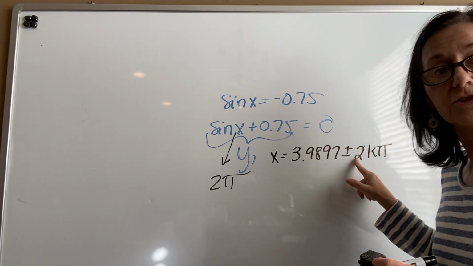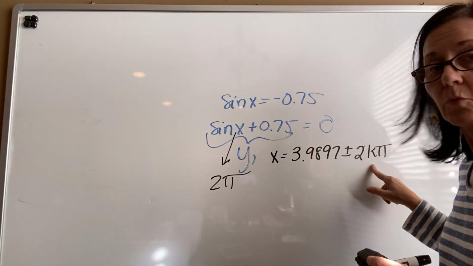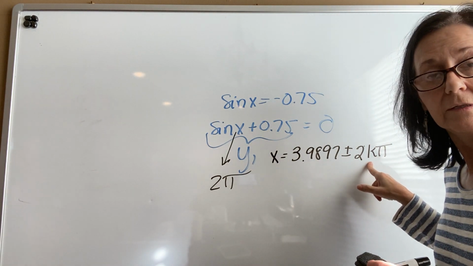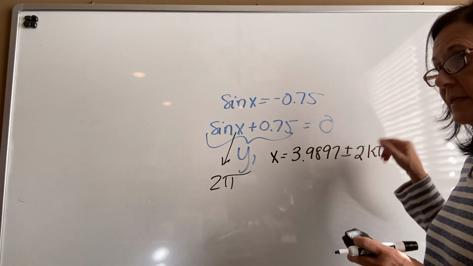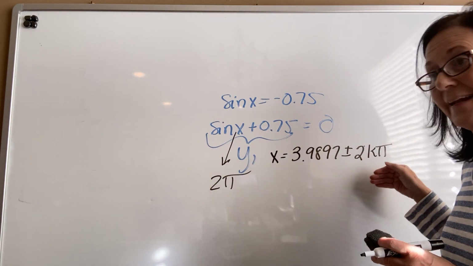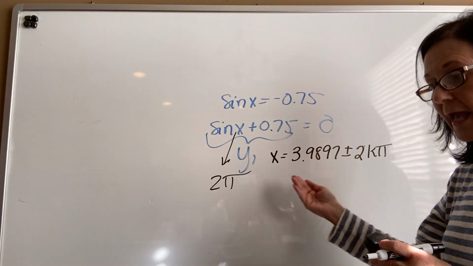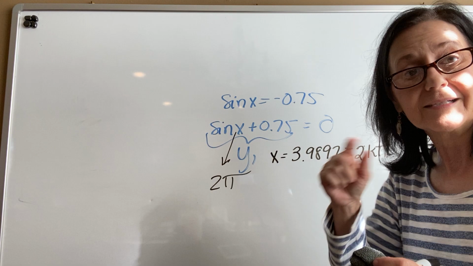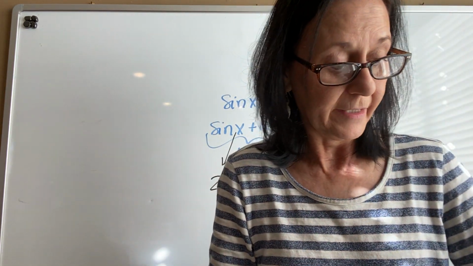Because it's plus 2 pi, plus 2 times 1 pi, plus 2 times 2 pi. K is any value. So it's not just 2 pi, it's 4 pi, it's 6 pi, it's 8 pi. And it's negative 2 pi, it's negative 4 pi, it's negative 6 pi, because of that cyclical nature of it.